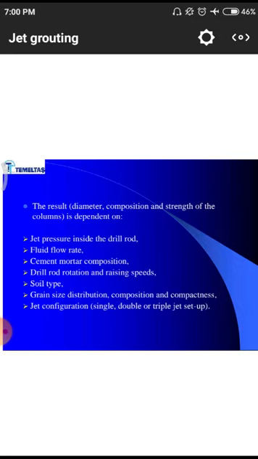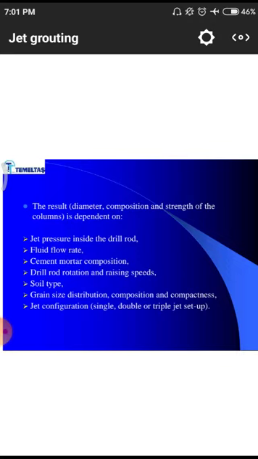The first seven major constraints are: jet pressure, that means with what pressure we are pumping the fluid; fluid flow rate, how much fluid is flowing through the pipe every minute; cement mortar composition, that means the ratio of cement to sand and the water cement ratio; and the drill rod rotation and rising speeds, that means below ground level, how many times the drill rod rotates per minute and its speed.